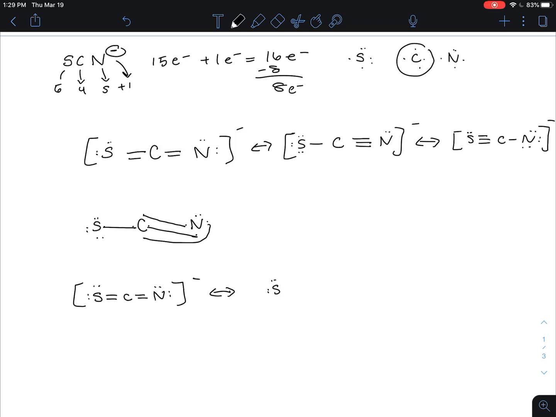Then I can bond here, here, and then here to give me my sulfur with my single bond, the triple bond around the carbon with the nitrogen, and my minus charge. And then my last arrangement would come from the fact that I pushed one of the electrons to make another bond here, and therefore get the triple bond around the sulfur.